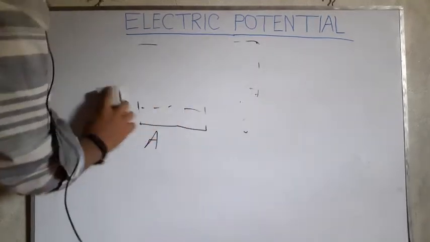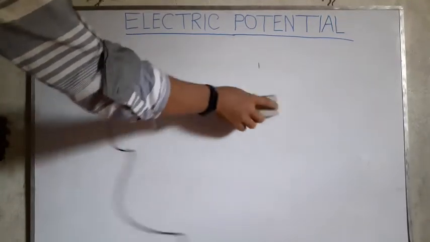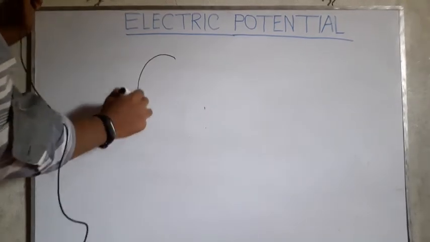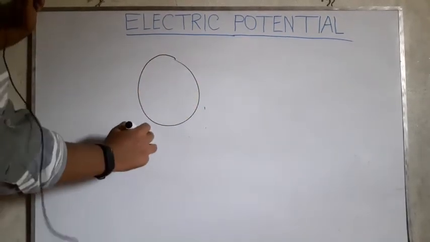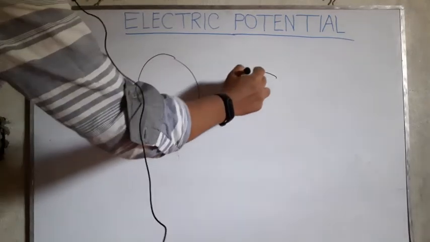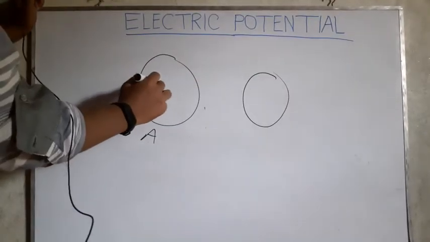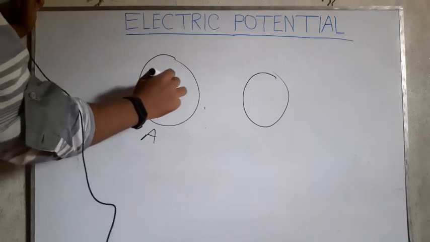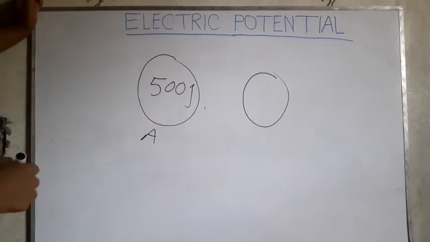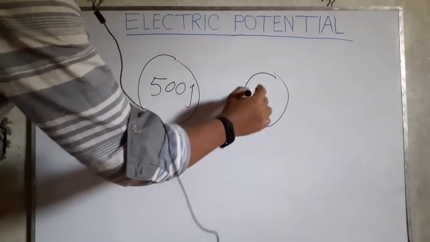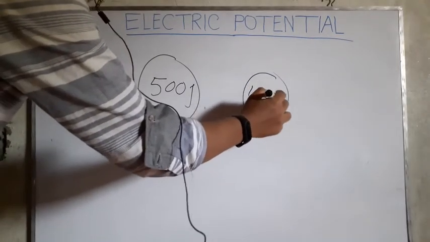Now we will see the flow of heat. Suppose this is a body A and another body is B. Suppose here 500 joule heat is in this body and here heat is 100 joule.